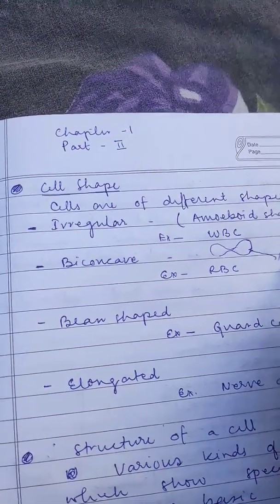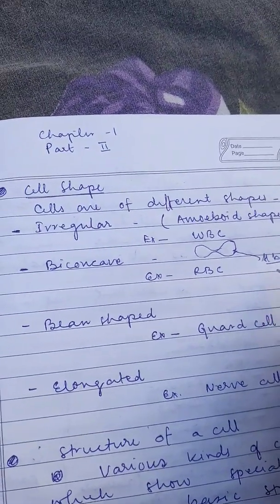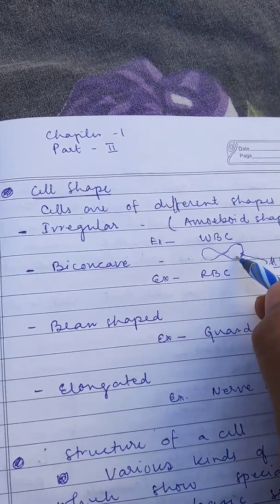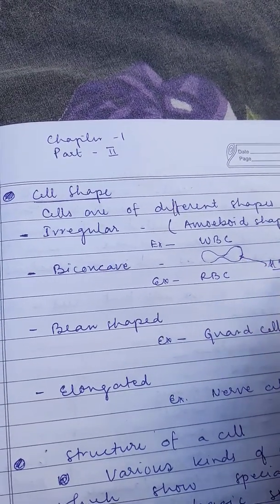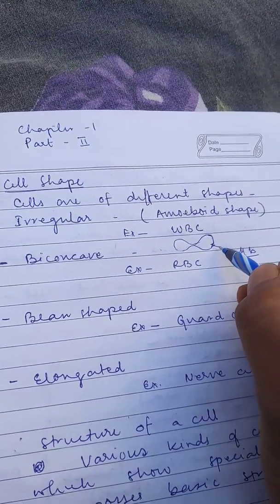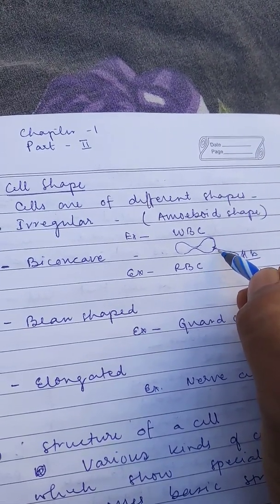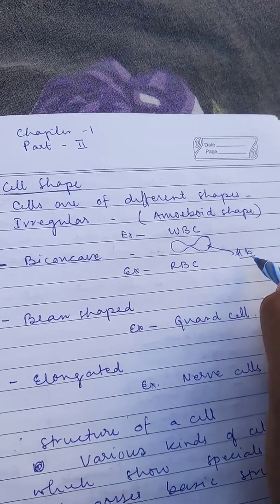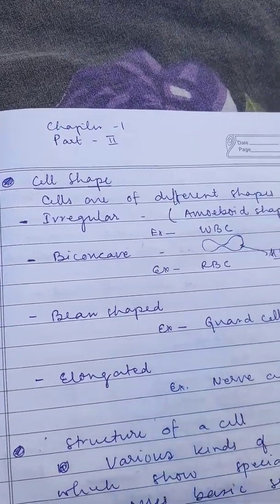Hemoglobin. The RBC increases the surface area so that more and more hemoglobin can be accommodated within the RBC, helping in the maximum transport of oxygen to the body cells.